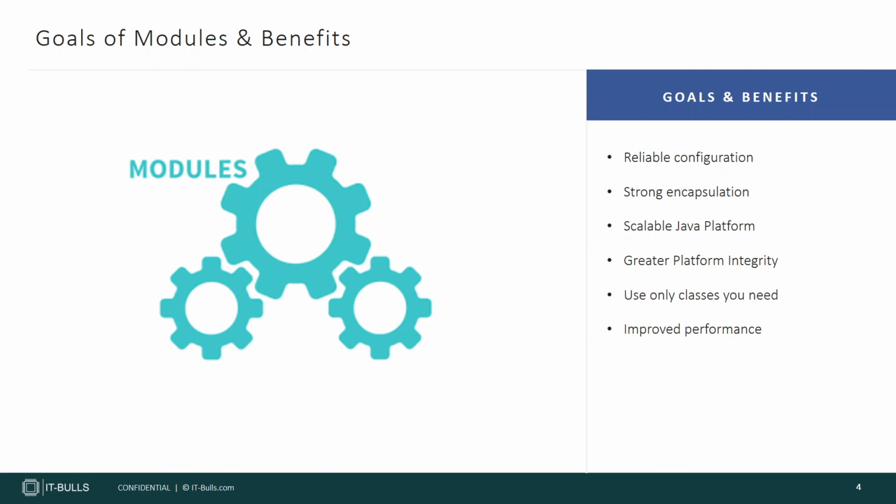Therefore, an application module specifies what other modules, Java API modules or third-party modules, it uses. Therefore, the Java virtual machine can check the whole module dependency graph from the application module and forward when the Java virtual machine starts up.